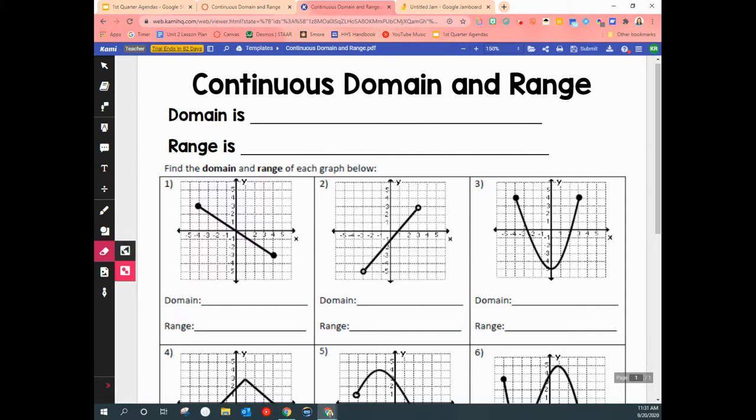They were given to us in tables, mappings, lists of ordered pairs, and then we had some graphs where we could actually count the points. When you do continuous domain and range, you're always going to be doing it from a graph, or they'll give you an equation sometimes, but you're going to take that equation and graph it.